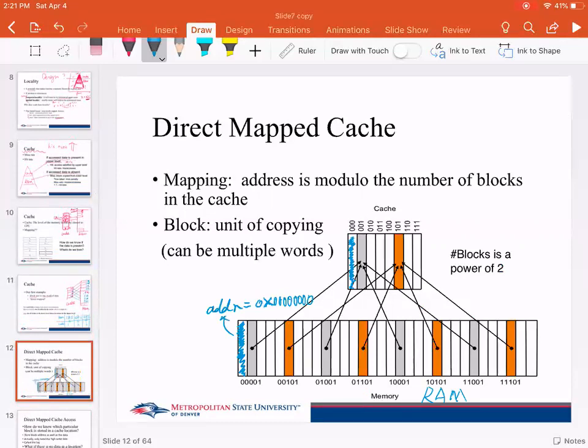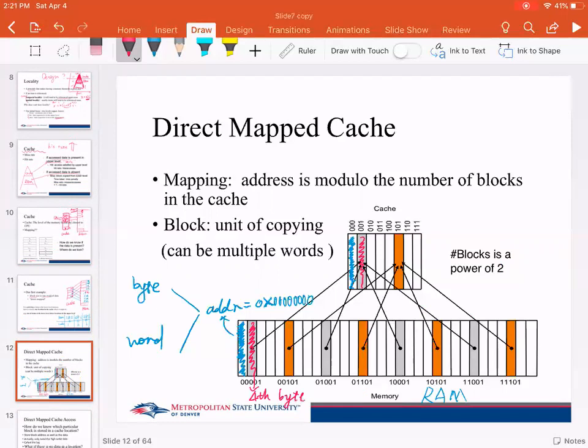But the address could be a word address or a byte address. What do we mean by word address and byte address? The first location here is the first word, and the second location here is, of course, the second word. It is also the fourth byte.